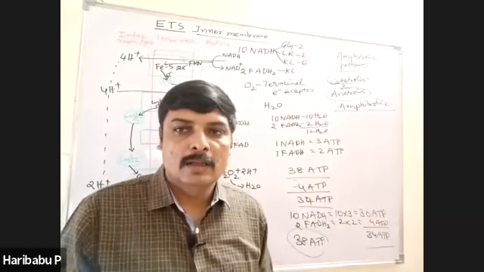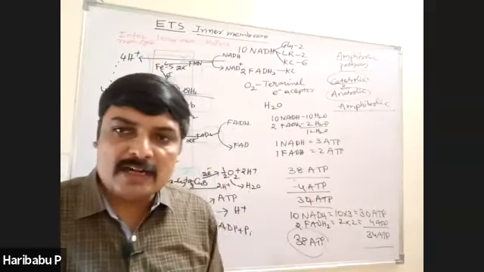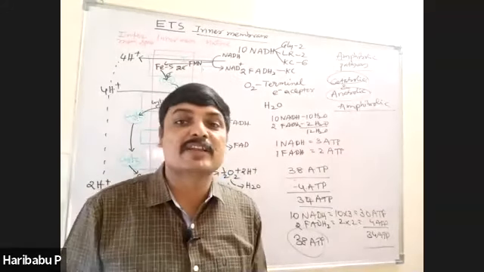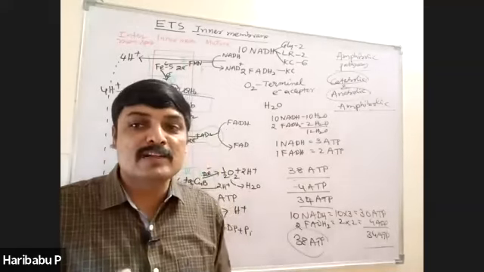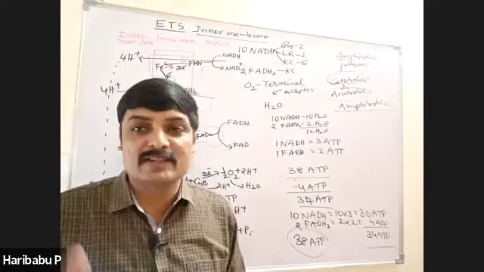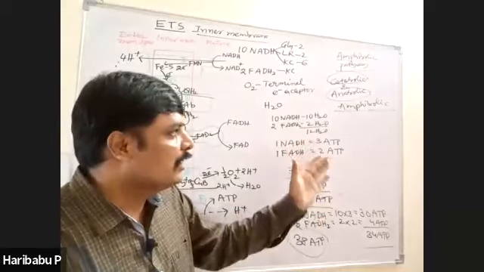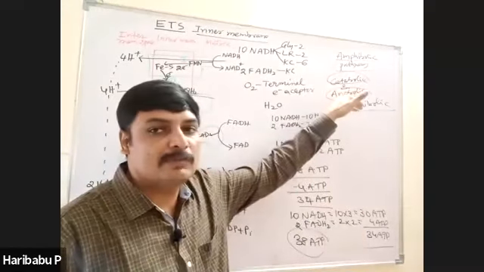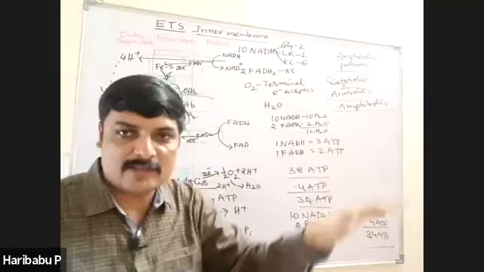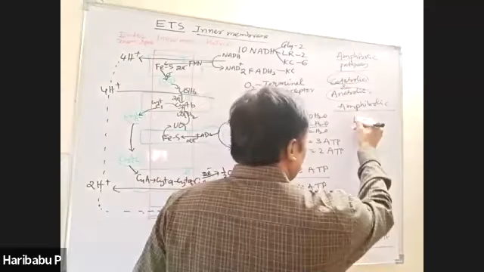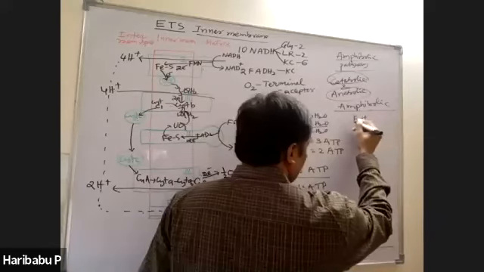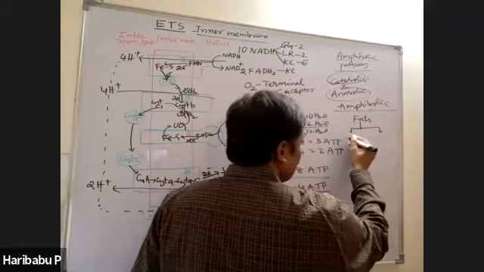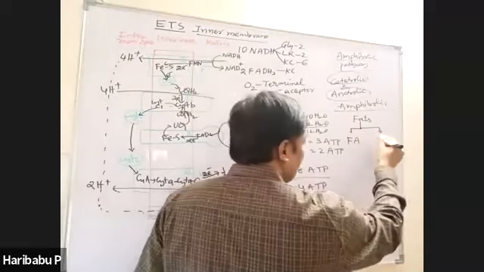But proteins and fats also act as respiratory substrates during starvation conditions. But pure proteins and pure fats never act as respiratory substrates. That means when you eat fat, it won't directly enter from the starting step. For example, if fat acts as a respiratory substrate, first it breaks into fatty acids and glycerol.